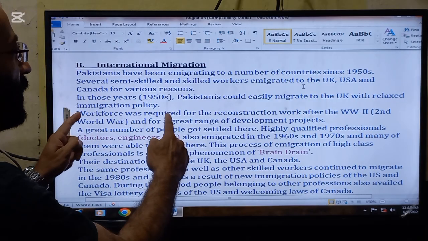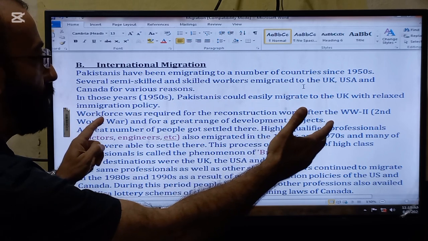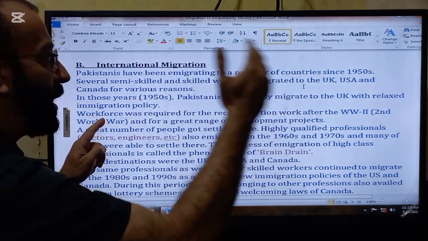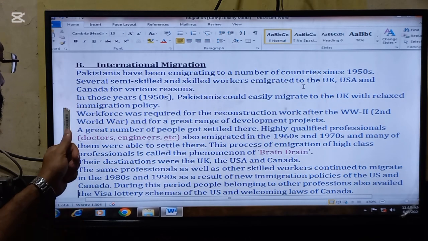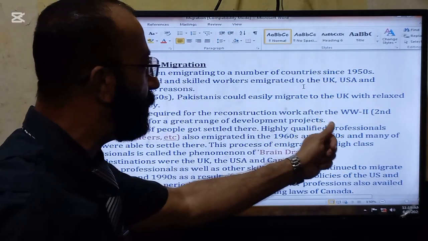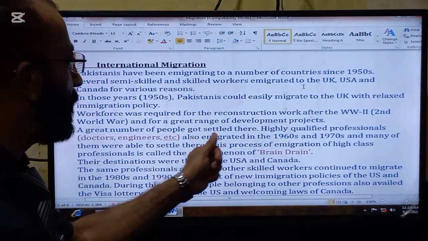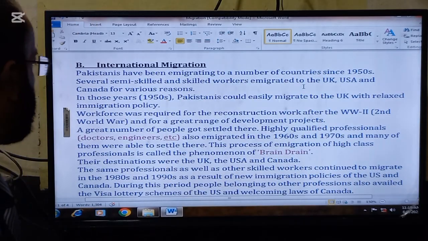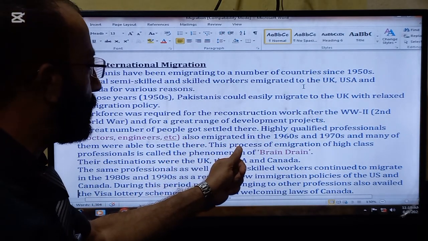At that time, immigration policy of the USA and UK was very easy, and Pakistanis were going there very easily and fluently. Workforce was required for the reconstruction work after the Second World War and for a great range of development projects. A great number of people got settled there.